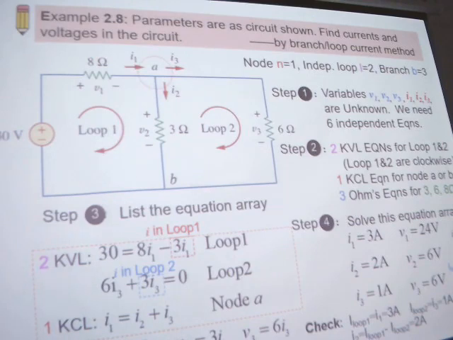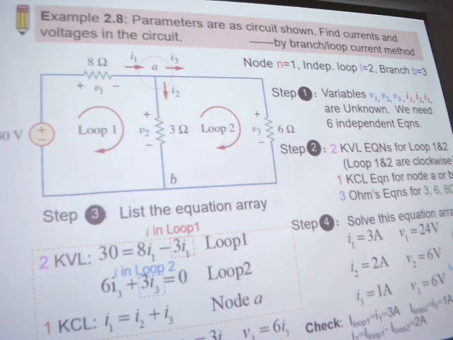VAB1. What is VAB1 for? Here VAB is 30 minus 8I1. Okay. Here we calculate the V1. V1 is here. What does that mean? You already get V1.